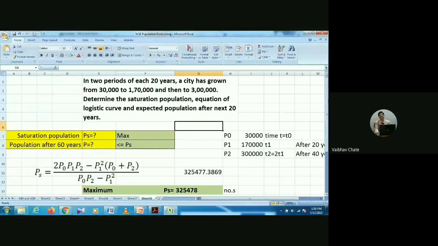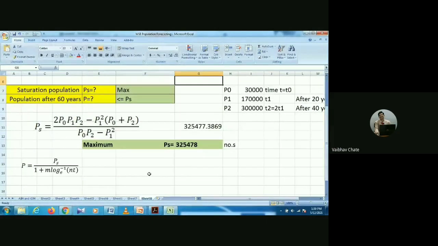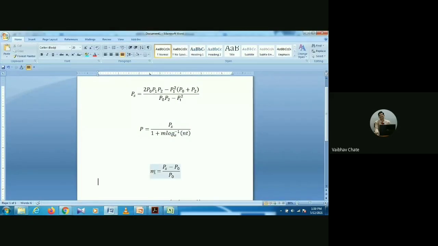Now what has happened in this particular equation, we have the t value already. The t value is given as 60. Okay, yes. What is the m value? For m value, as per the logistic curve method, we have the formula Ps minus P naught divided by P naught.